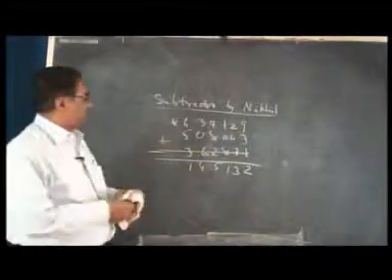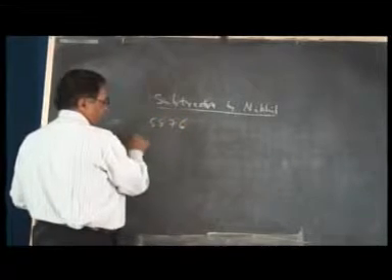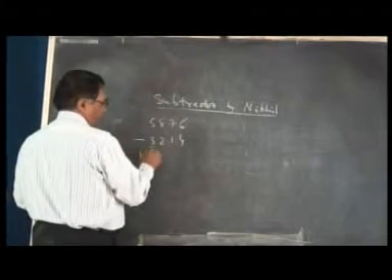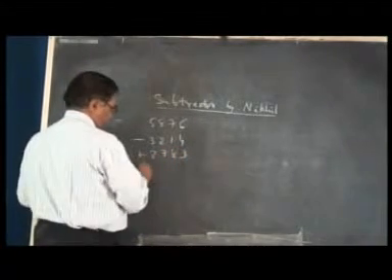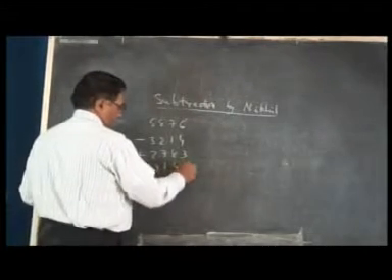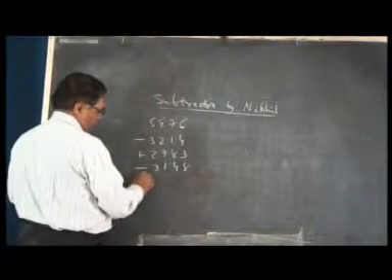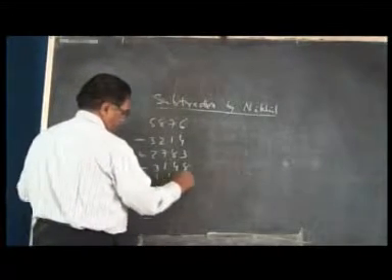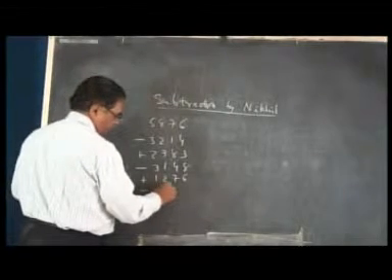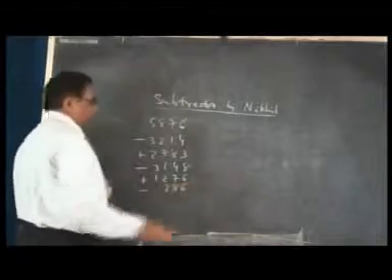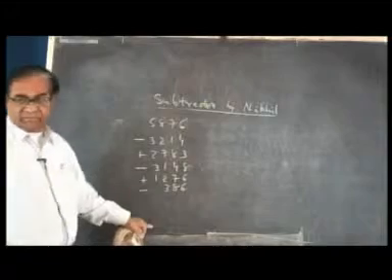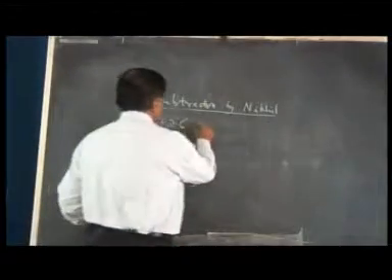Let us see the illustration. 5876. Let us get all this. Let us see how we can.